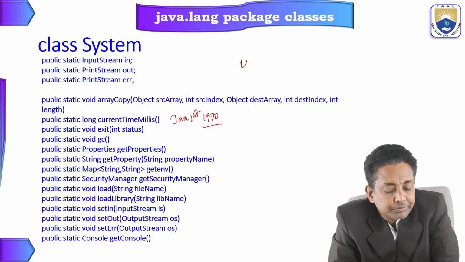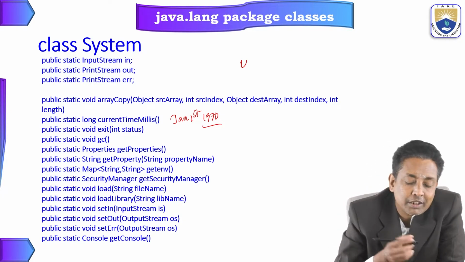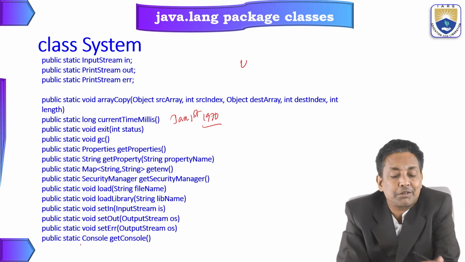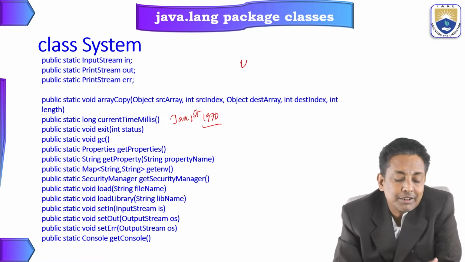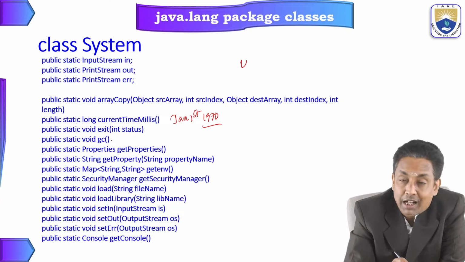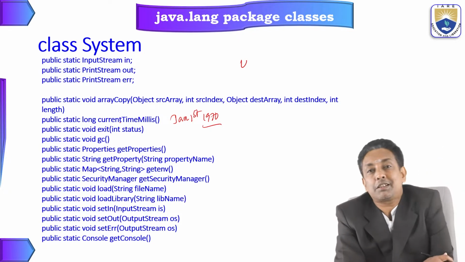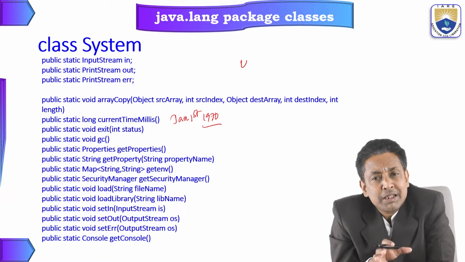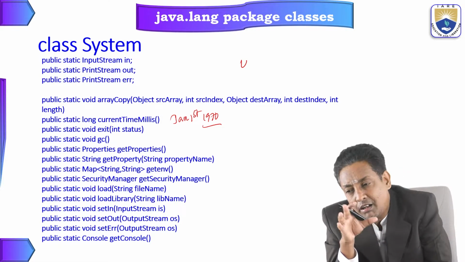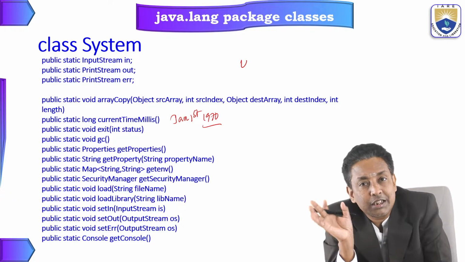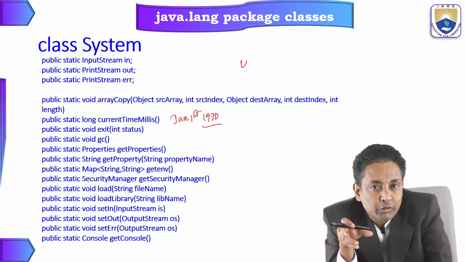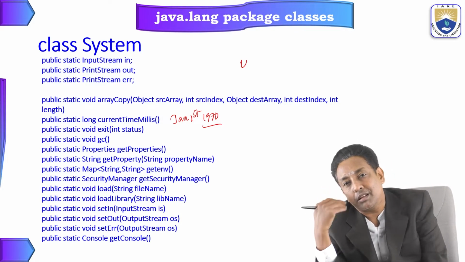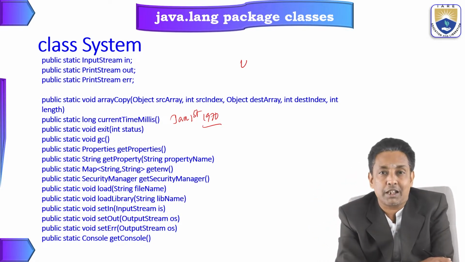That's it. And there is one more method called System.gc. Look, all these System class methods are static methods. System.gc means garbage collector. In Java, the garbage collector runs at regular intervals by the JVM. The JVM has its own scheduler, and based on that scheduled time, the Java virtual machine will run the garbage collector.